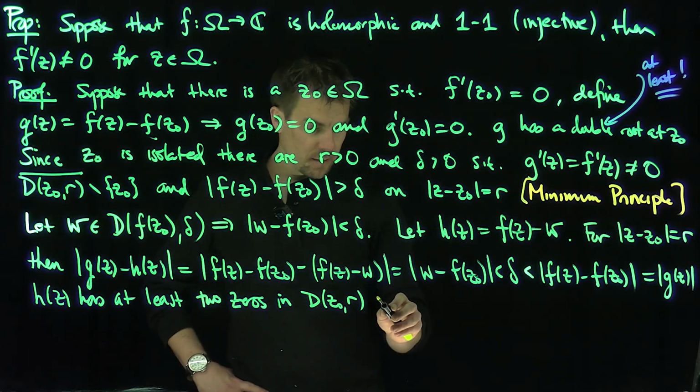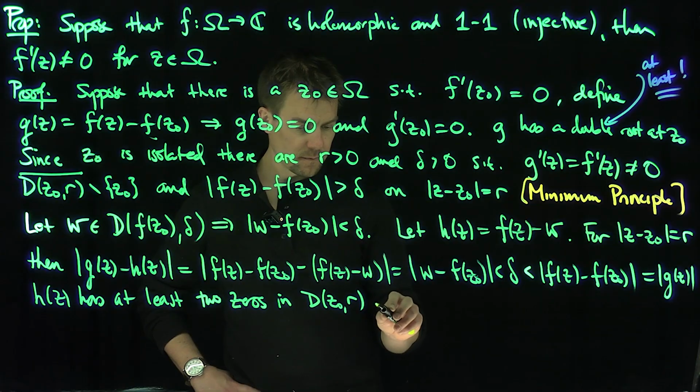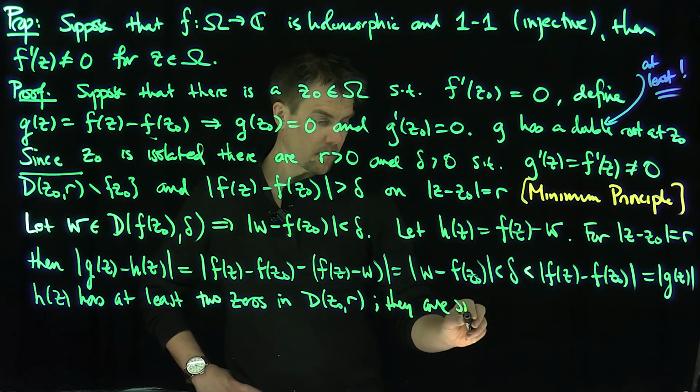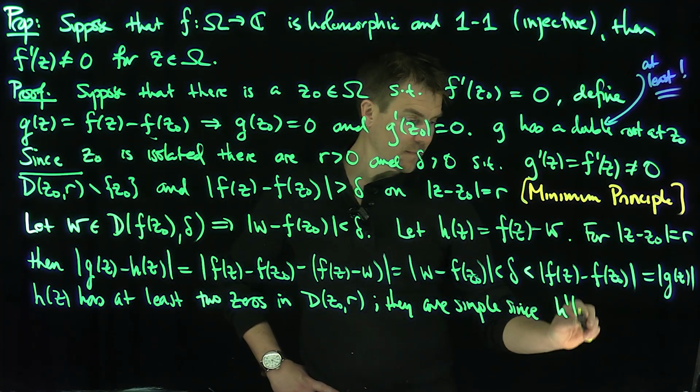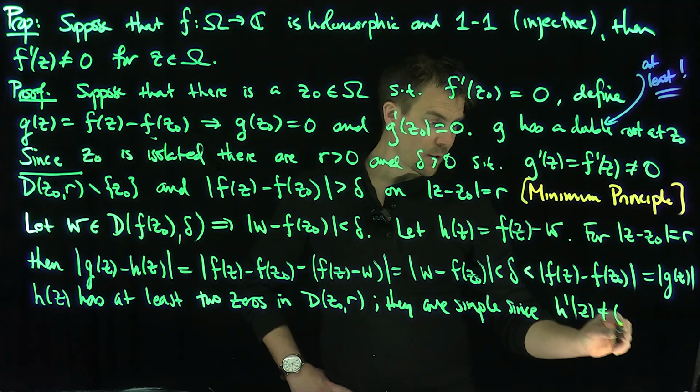And they have to be simple. They are simple since h prime of z is not equal to 0, right?